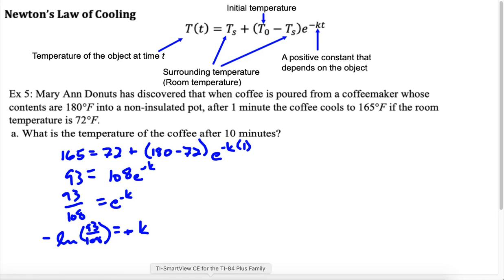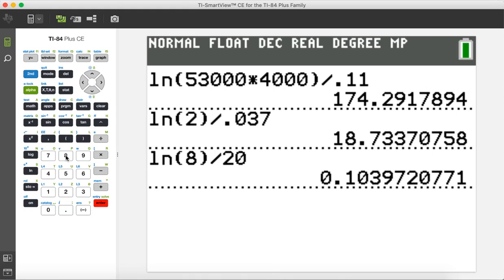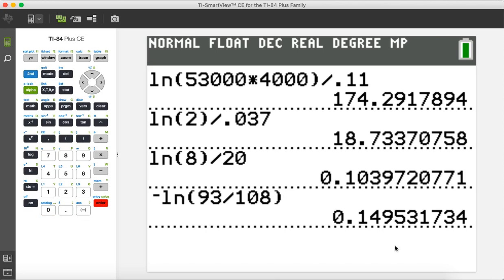So we can put that into our calculator: negative natural log of 93 over 108. I'll write this down, but I'm also going to store it.